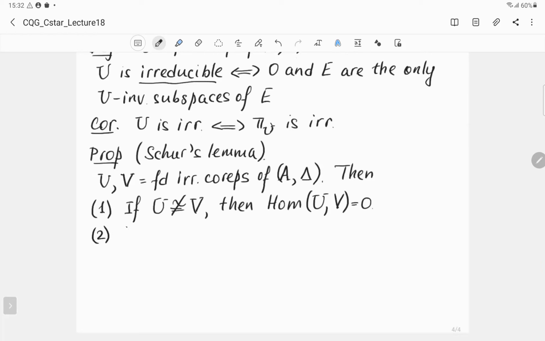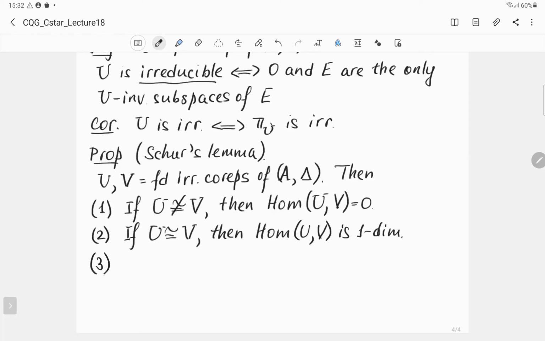Second, if they are isomorphic, then the space of morphisms from U to V is one-dimensional. And as an important special case, the algebra of endomorphisms of U consists of operators which are multiples of the identity operator.